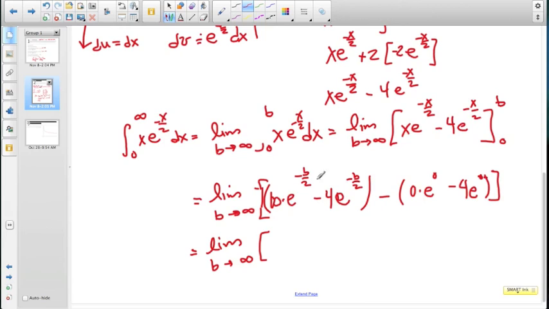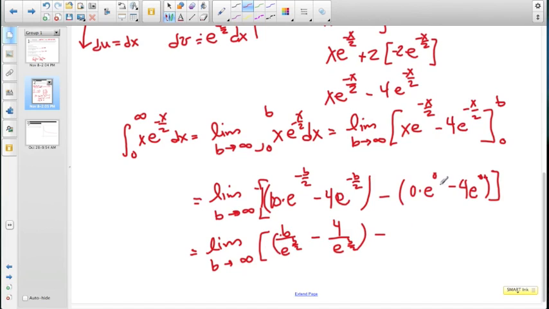So as b approaches infinity here, we have to evaluate that. And so as b approaches infinity, this is really b over e to the b over 2, and minus 4 over e to the b over 2. That's what the negative exponent means.